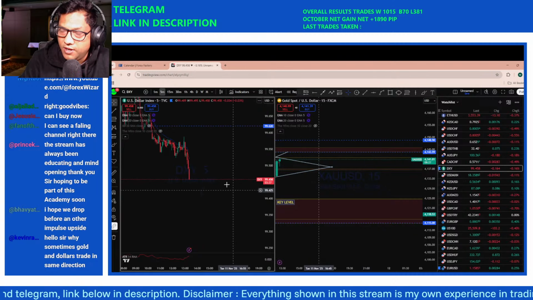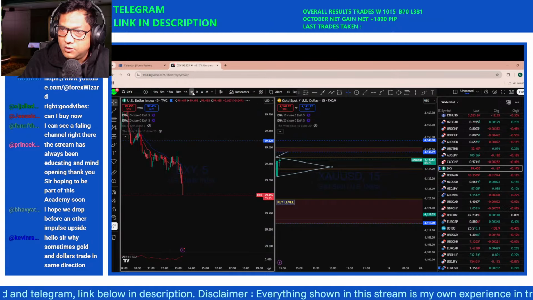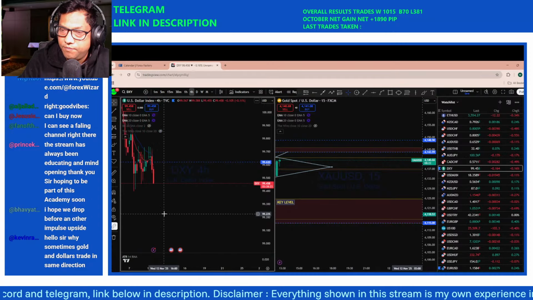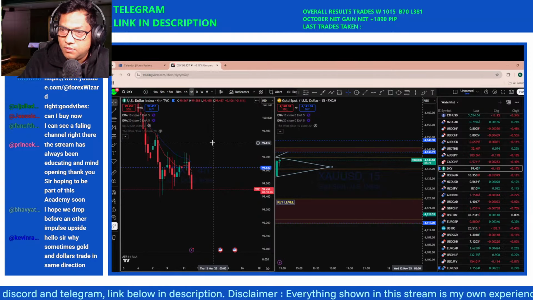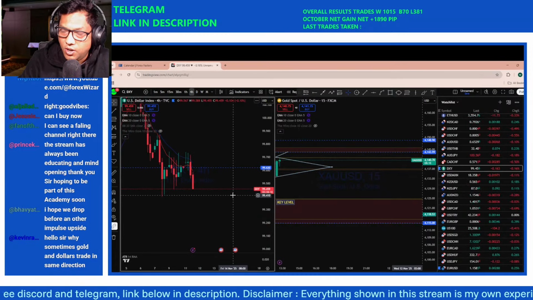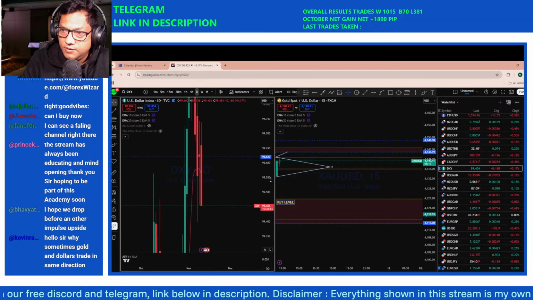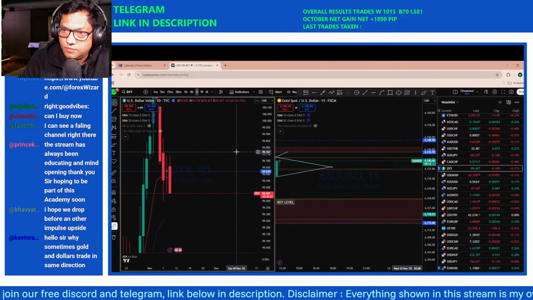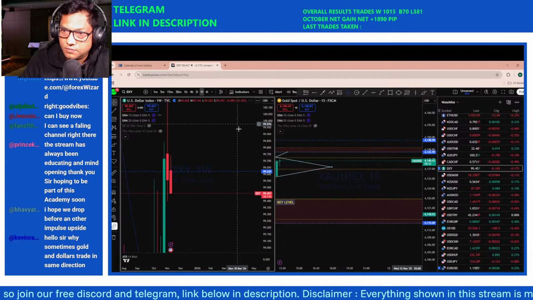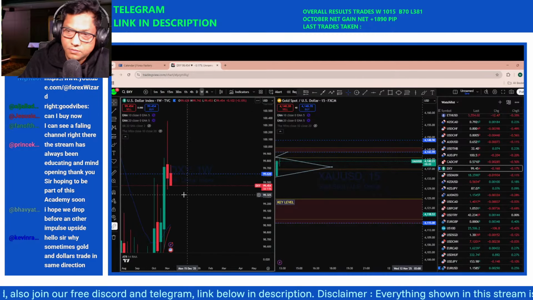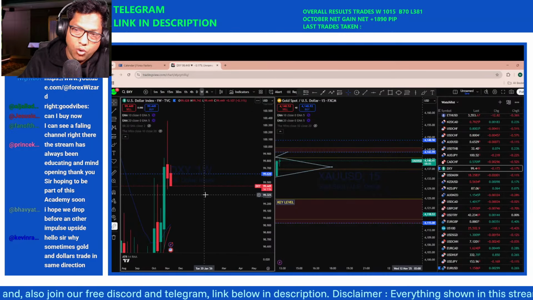So DXY here, this is a lower time frame. There's a drop here on DXY, potentially breaking that low here.